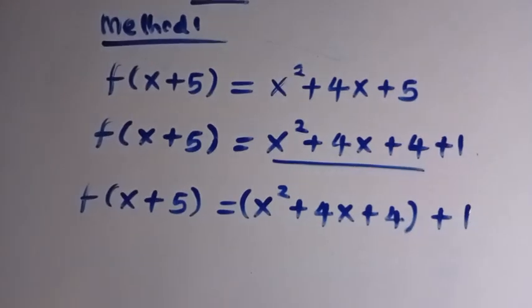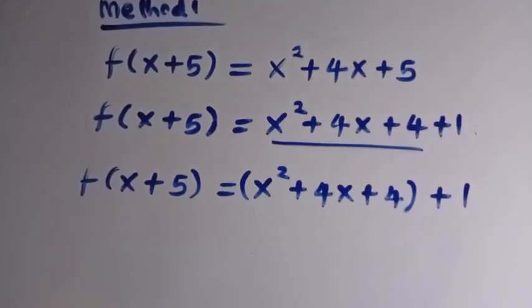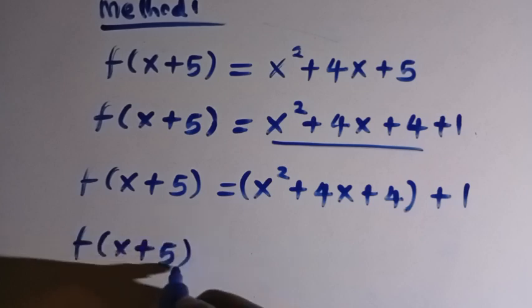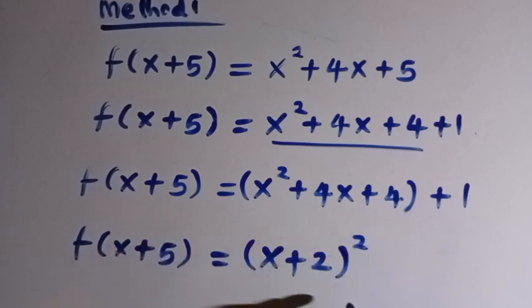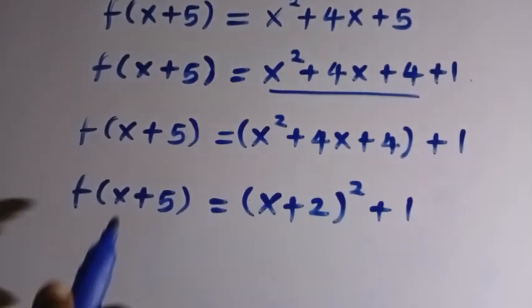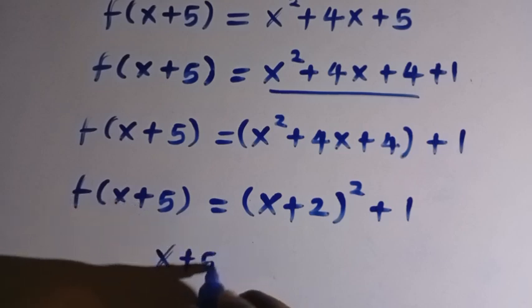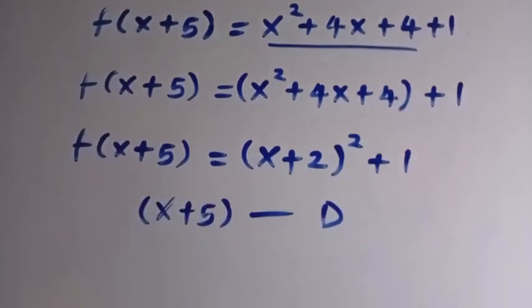We have to note that x squared plus 4x plus 4 is in the form of a perfect square, so f of x plus 5 equals x plus 2 all squared, then plus 1. After having this, we need x plus 5 here. We know that x plus 5, which is inside this function, is our domain. So let's call it D.